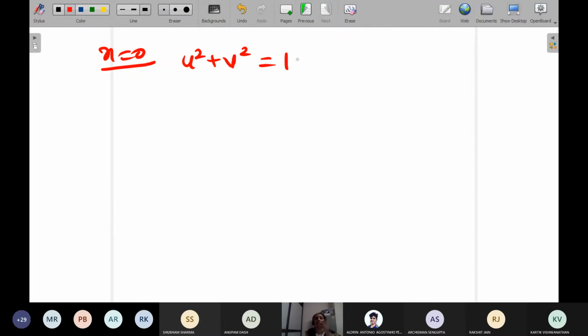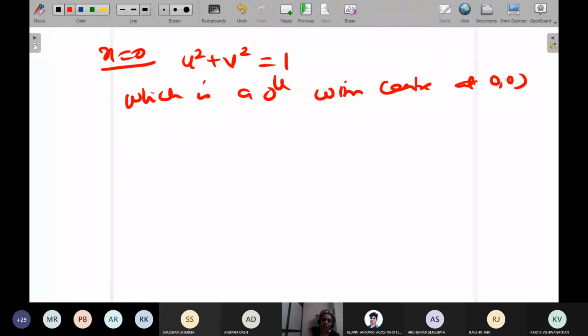This also represents a circle, which is a circle with center at origin and radius 1. Is it clear? Now we have done for X equal to A and X equal to 0. Now we will discuss the other cases.